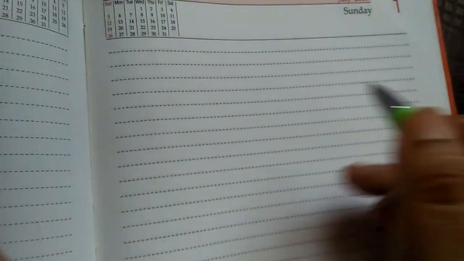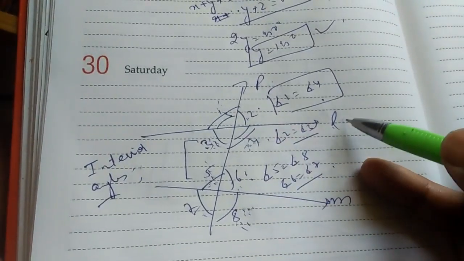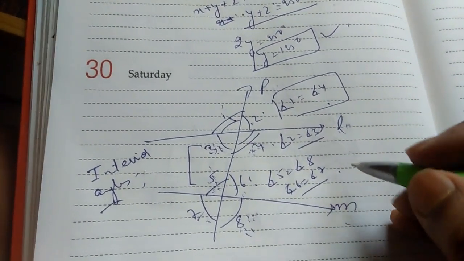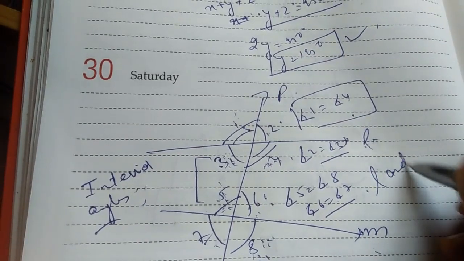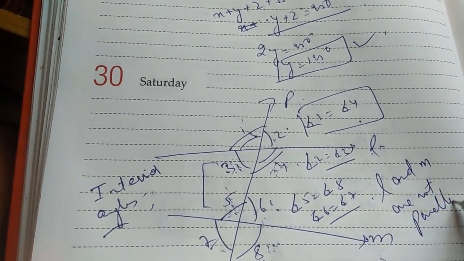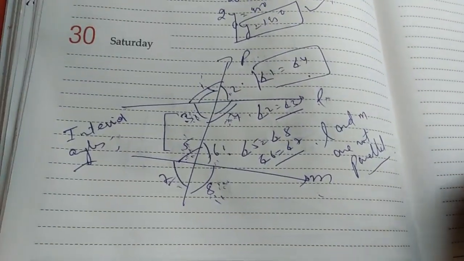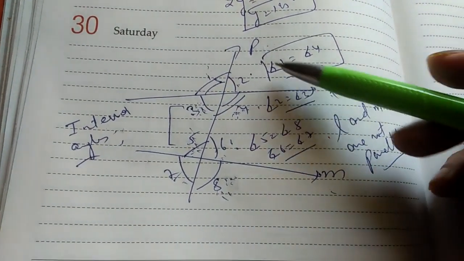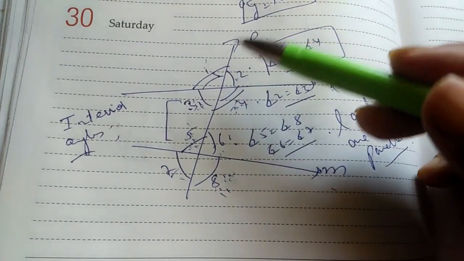Let us suppose in this particular case L and M are not parallel. When they become parallel, a few angles will become equal. Some more angles will become equal.